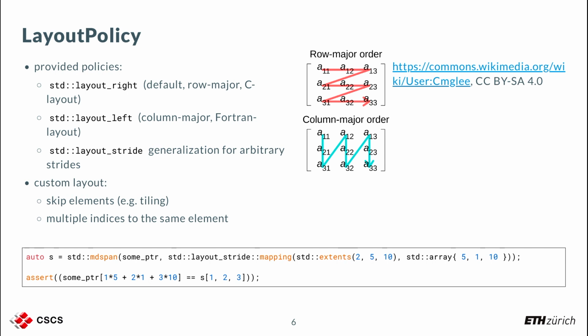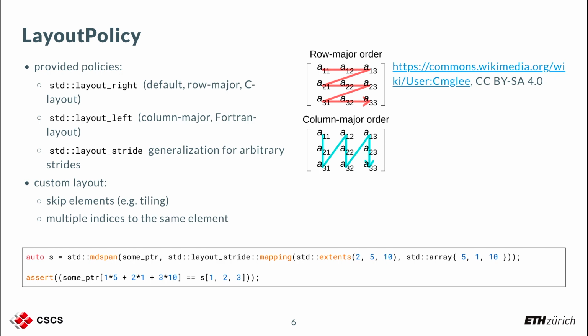This could be good if you want to implement some tiling algorithms. And you can also map multiple indices to the same element. So you're really flexible on what you can do here. And yeah, that's it.